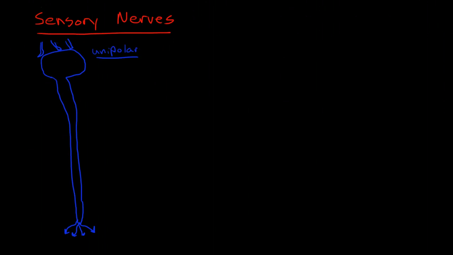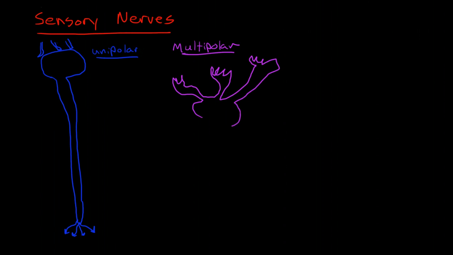Okay, so the other type that is the most common is the multipolar neuron, and these are neurons that have dendrites sticking out the backside, and a nerve body, and then an axon.